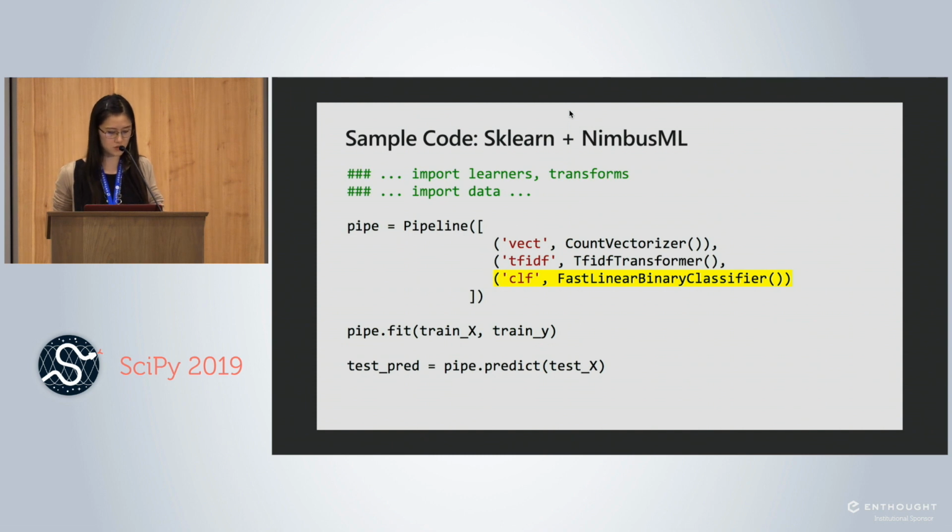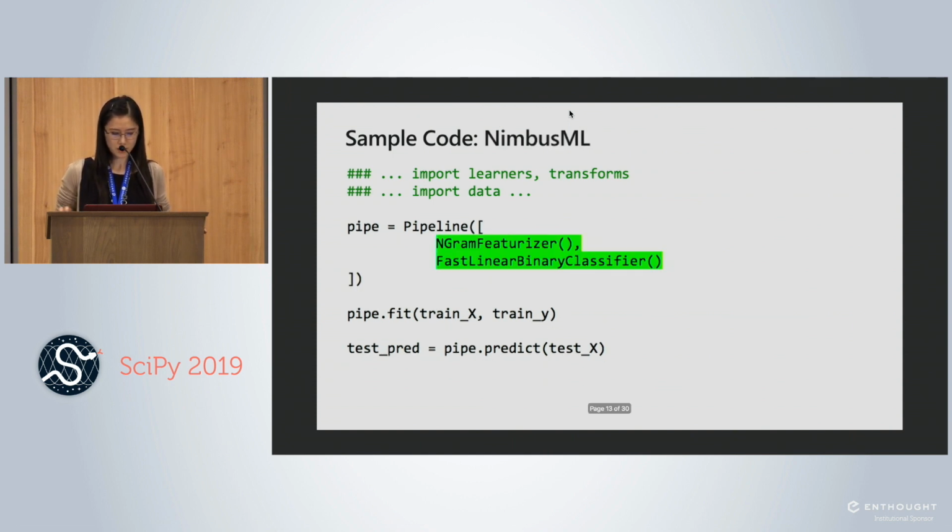So you can just swap it out and still do the model.fit and model.predict, and it will usually give you faster and better performance. And then if you want to switch everything into NimbusML, you can replace all the elements and use a pipeline still, but you import the pipeline from NimbusML, and you do the initiating, the training, and the predicting. So this will be a fully NimbusML pipeline.